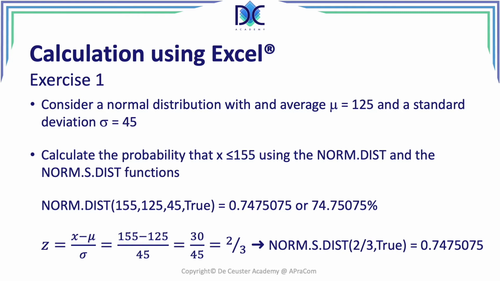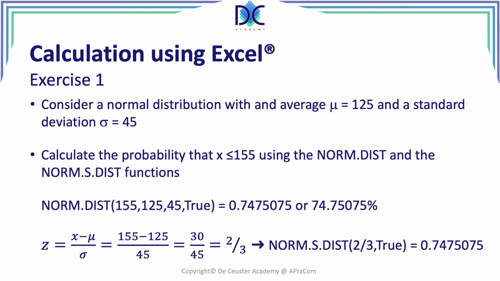Because 2 divided by 3 is 0.6666, but you cannot fill in all the numbers, and 2/3 is 100% correct. So NORM.S.DIST, 2/3 and true gives us the same value as the previous calculation. This is logical because we were using the same numbers.